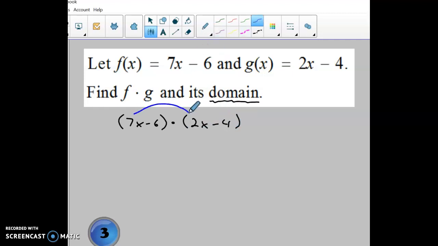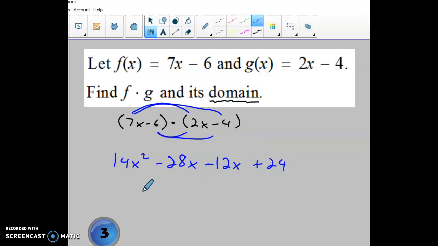Multiply the first two together, 14x squared. 7x times -4 is -28x. Multiply these together, -12x, and -6 times -4 is +24. Then combine your like terms in the middle: 14x squared minus 40x plus 24.